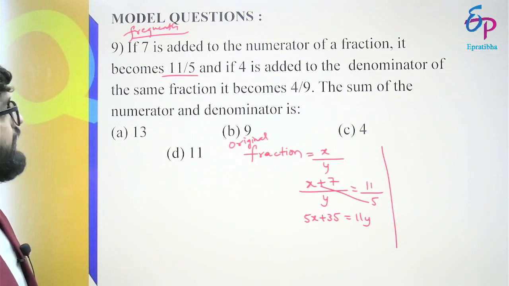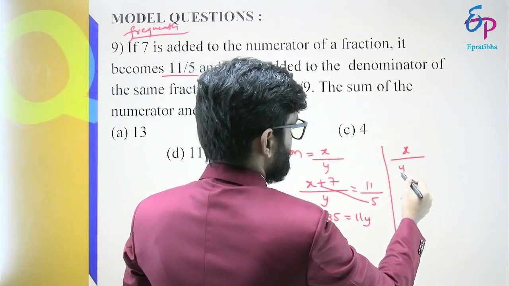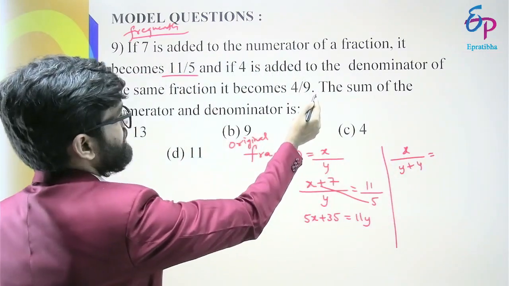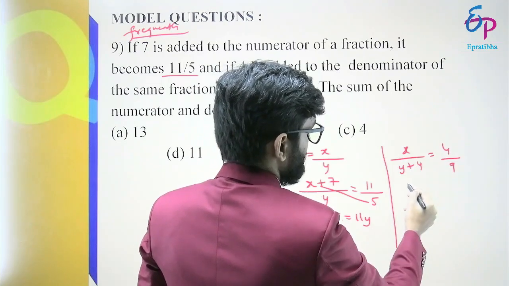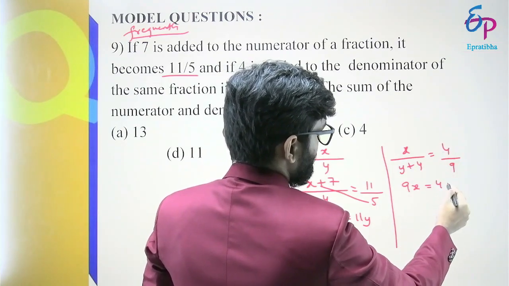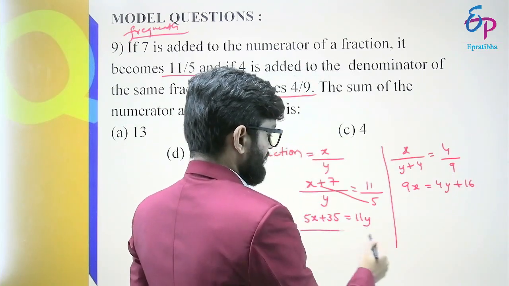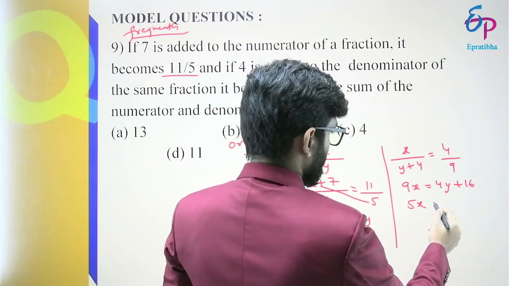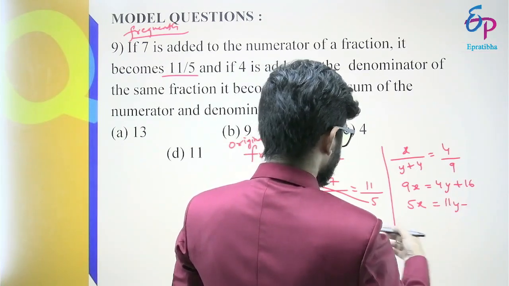If 4 is added to the denominator, the fraction will become 4 by 9. That means the equation is 9x is equal to 4y plus 16. Here also you can write the same: 5x is equal to 11y minus 35.